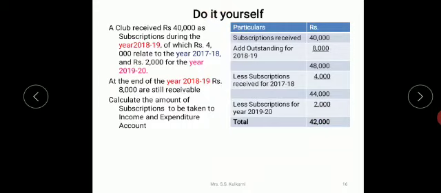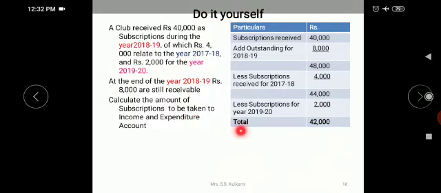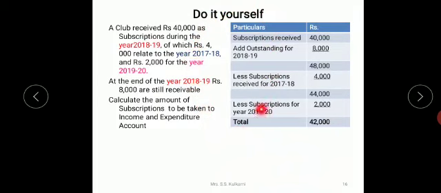Therefore, we have to study how the incomes and expenses for the current year are to be considered when it is given year wise or when it is not given year wise. This concept should be clear, then the income and expense account will be very easy because it takes only revenue items of the current year.